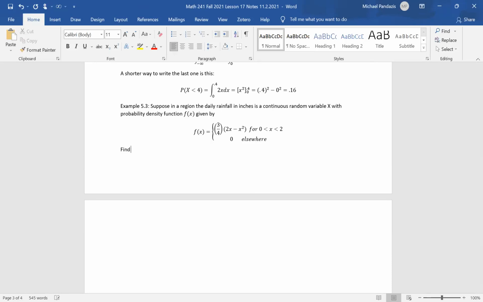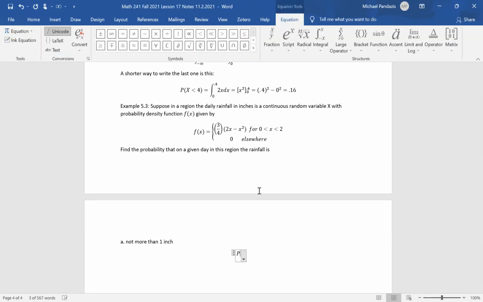So find the probability that on a given day in this region, the rainfall is each of the following. So for A, not more than 1 inch. Here, capital X is the amount of rainfall.